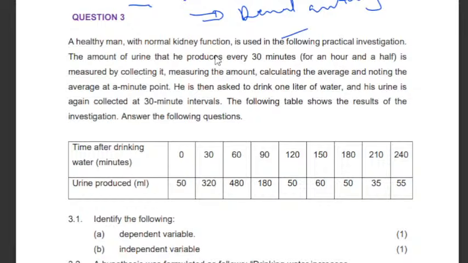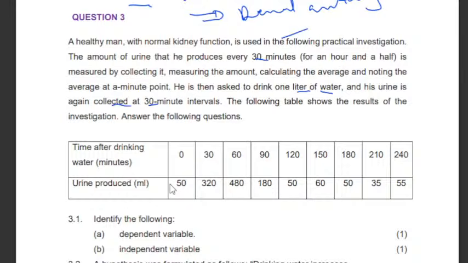The amount of urine is measured after 30 minutes and then an hour. He is then asked to drink 1 liter of water, and then his urine is again collected at 30 minute intervals. Then it shows the results.